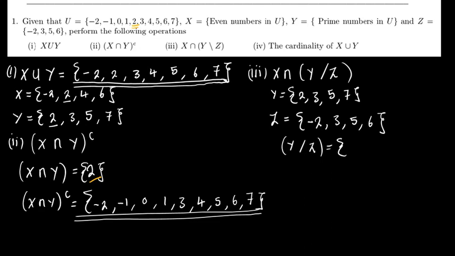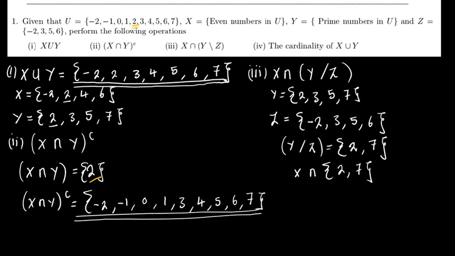So 2 is not in Z, 3 is in Z, 5 is in Z, 7 is not in Z. Okay, then we have been told that it's actually X intersection Y/Z. So in other words, we find the intersection of X and 2, 7.